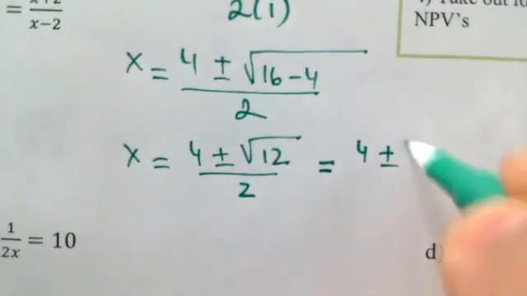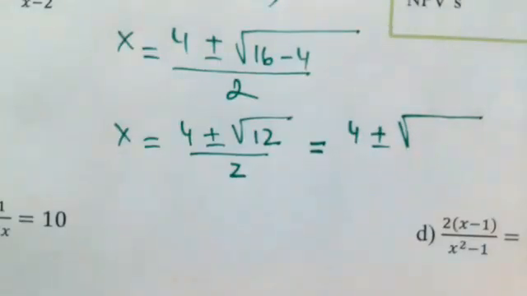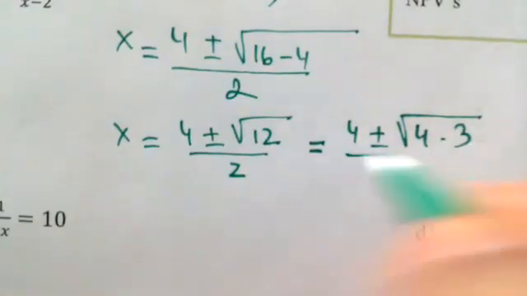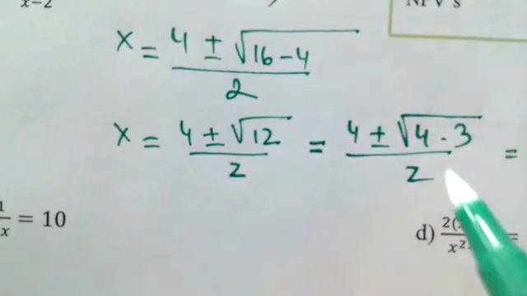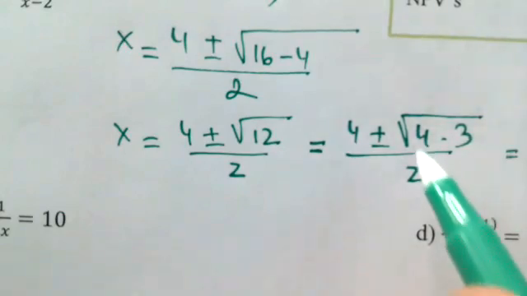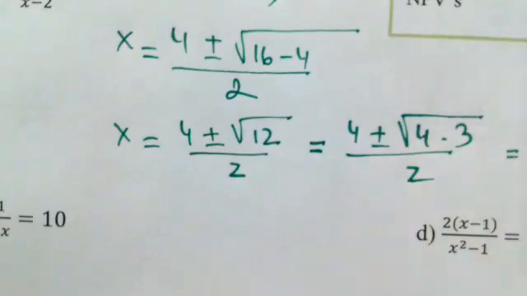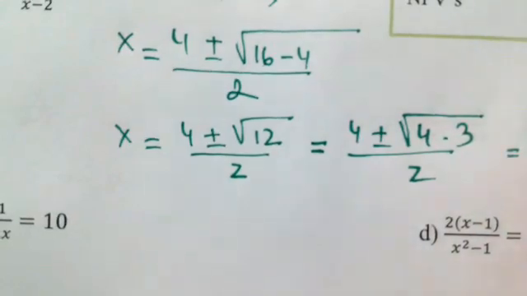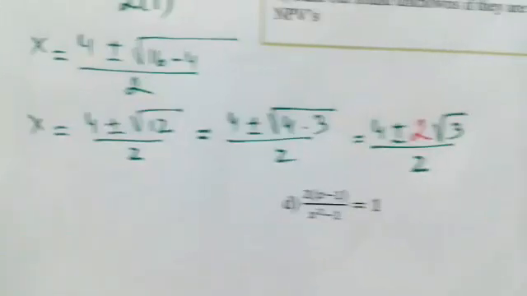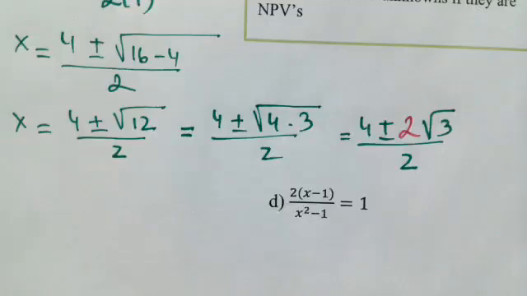Square root of 12 is actually 4 times 3, and I can extract root 4 from under the square root. So you're going to end up with 4 plus minus 2 square root of 3.